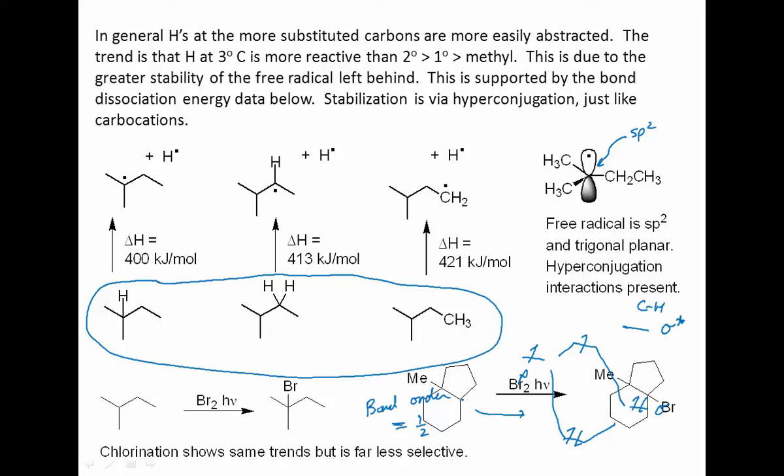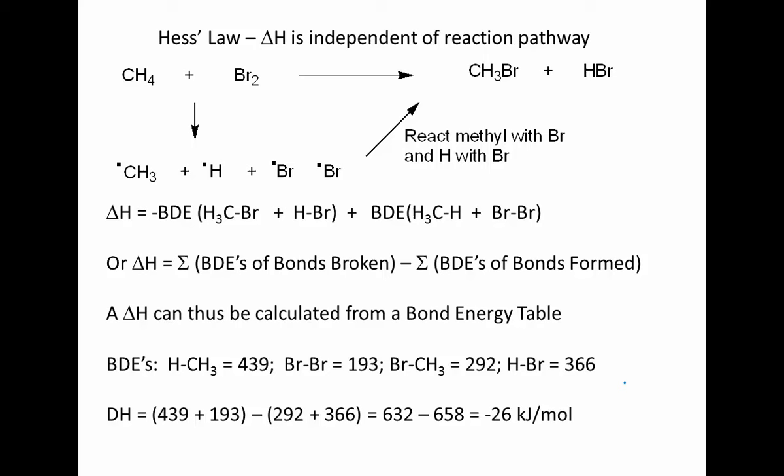And if we go here, in this compound, the only hydrogen on a tertiary carbon is right here, and we would predict that you would get the compound where bromine is now at the ring junction. Notice how we broke bonds and we correlated the relative stability of free radicals with bond dissociation energy.